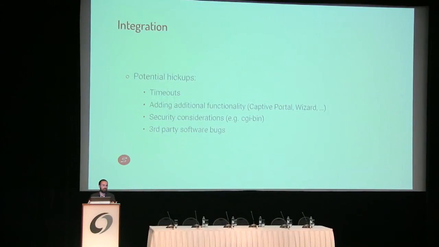Of course, as in every development, there are some potential hiccups which you have to think of when you're developing your web UI. For example, timeouts. If I recall correctly, RPCD has a 30 seconds timeout. What does this mean? If you change the LAN IP, in order for it to take effect, you need to restart the network. When you invoke restarting the network, if you have some Wi-Fi drivers, for example, which take a lot of time to restart, then this will take longer than these 30 seconds, and your web UI will get a timeout response from the backend.